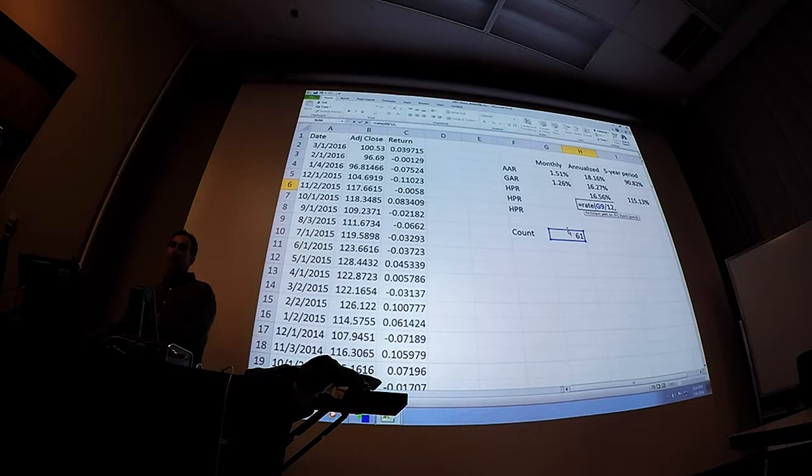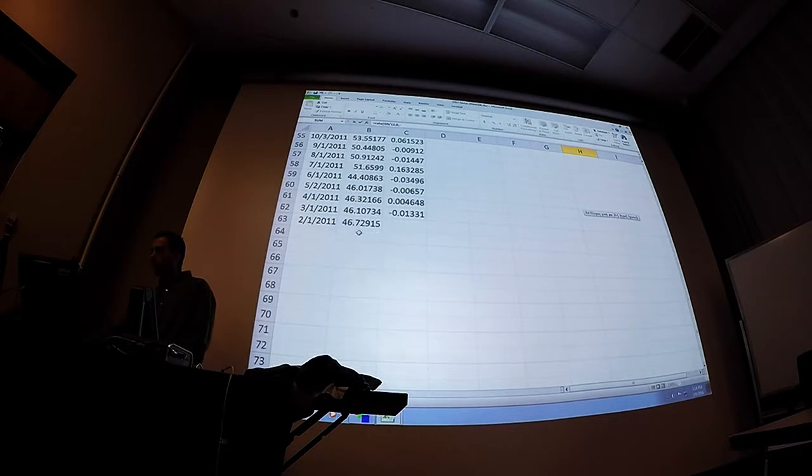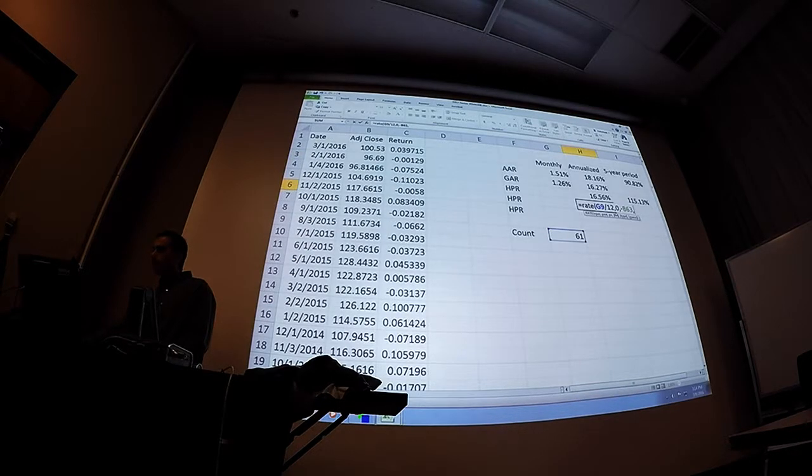It's going to be about 5, but it's not exactly 5 here. Payment 0, and then present value again is that starting amount, and the future value is the ending amount. And you see I get 16.27. If I use exactly 5, I'd get that 16.56. So it depends whether I'm using exactly 5 years or whether I actually use 61 divided by 12.